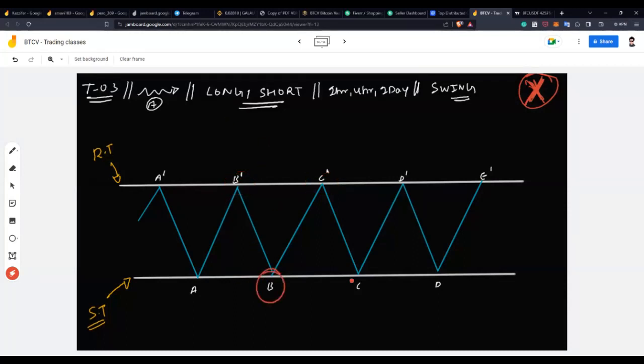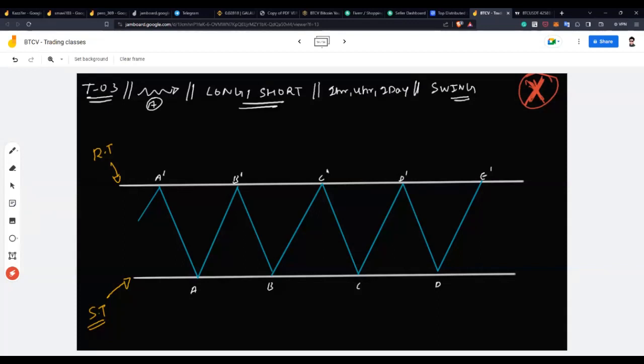On what point can I take a trade? C dash, C, B dash, B. On what point? Anyone?